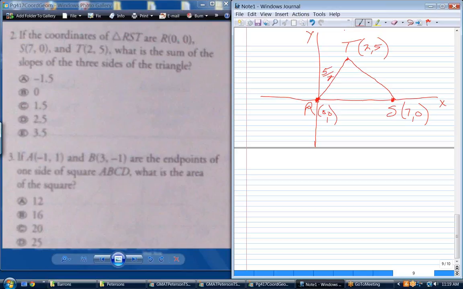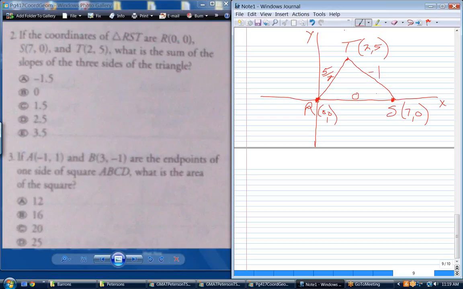What's this slope on the bottom? 0. And this slope here? 5/7. Using the formula you gave me, it would be 0 minus 5 over 7 minus 2. So that would be negative 1.